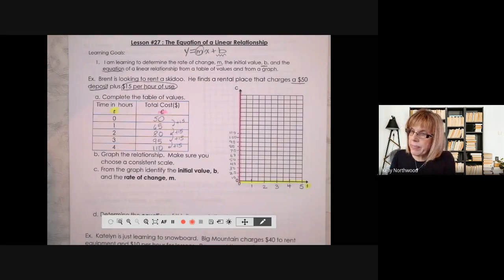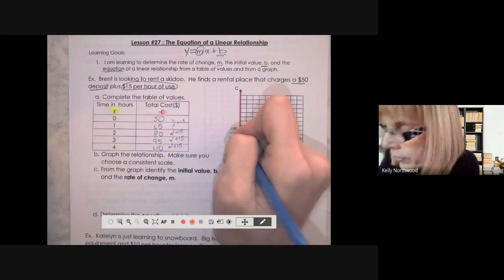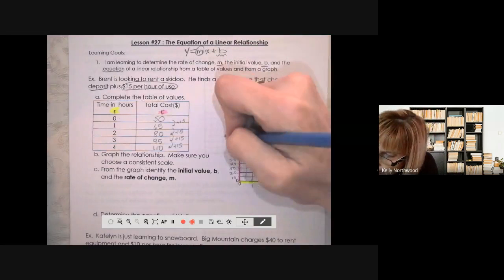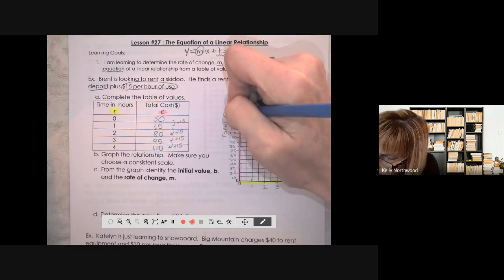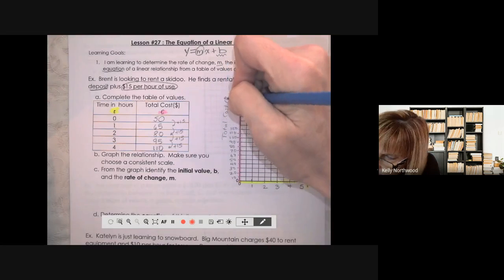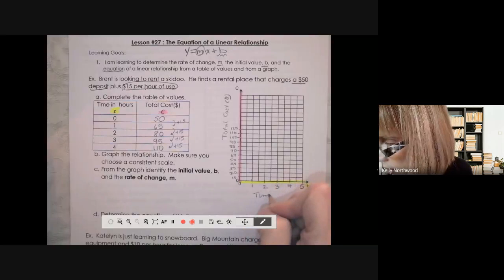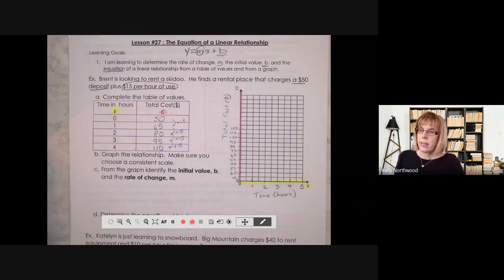I probably could have done 5s, but I might not have fit it all the way. Just go up to 120 here. Okay, so there are our scales, and C, this purple one, represents total cost in dollars. And this is time in hours.